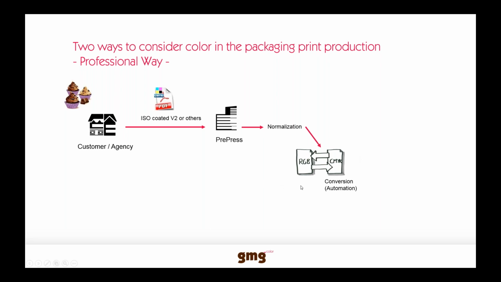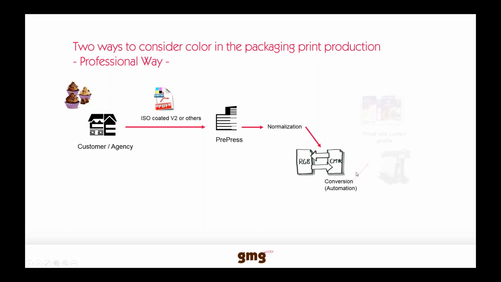You may recognize that this image is not correct, because here we receive CMYK and at the end we also have CMYK, so this should be CMYK to CMYK, not RGB to CMYK, but the conversion is done, and it's done automatically, not manually.